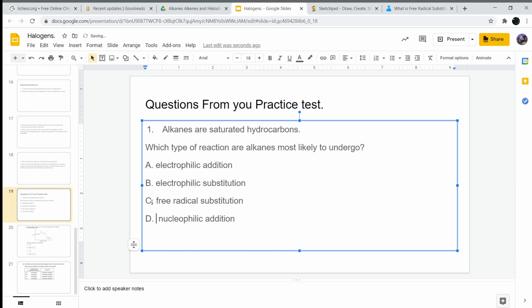Now, this question could have a possible trap to it. Remember that we can also have nucleophilic addition or substitution. But notice that that type of reaction isn't possible here.